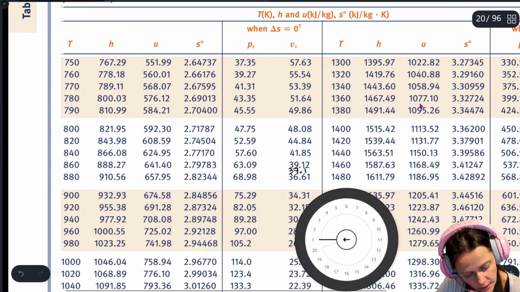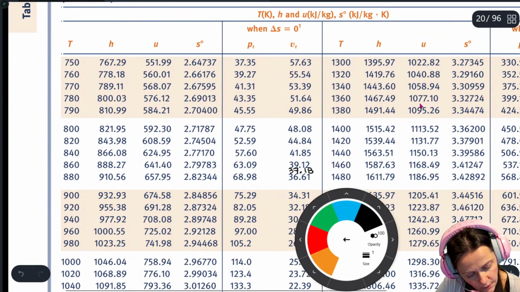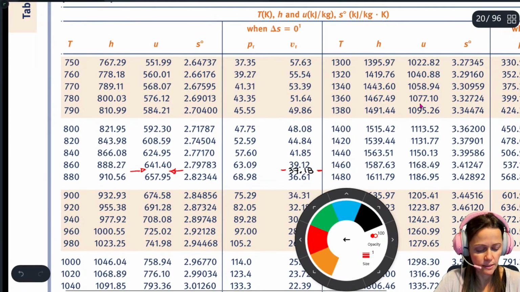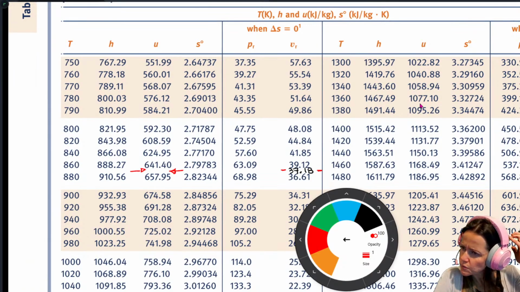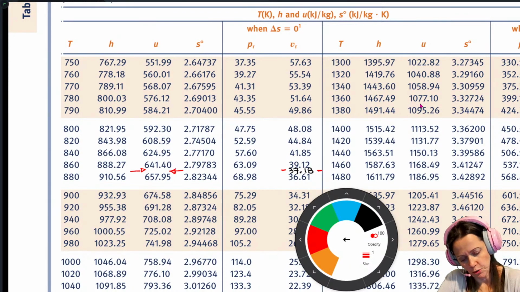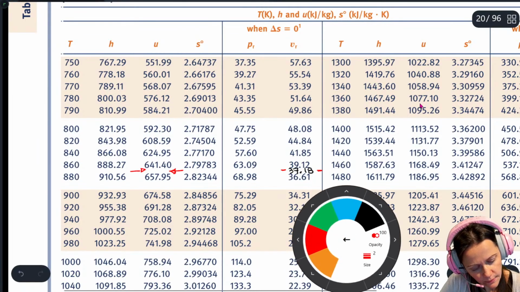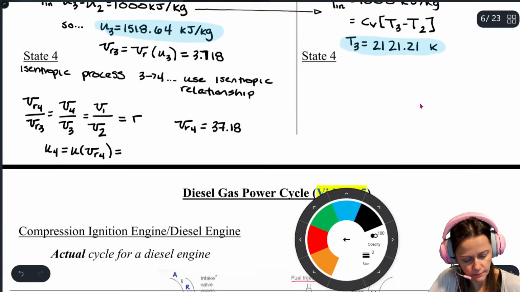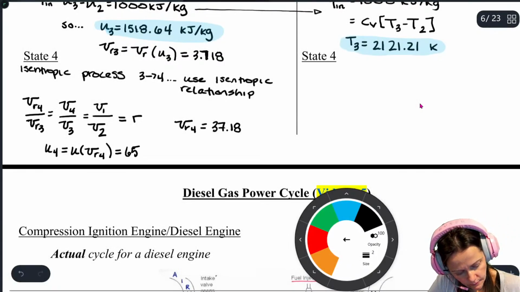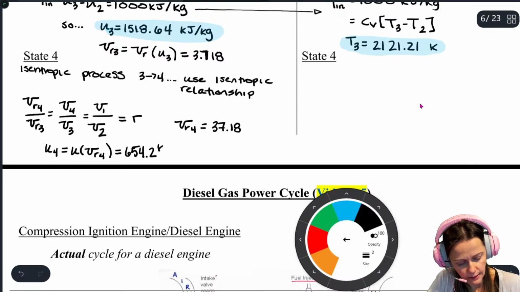Right there, so our corresponding U value is going to be between 641 and change and 657 and change. I got a U value of 654.2, perfect. And that's going to be kilojoules per kilogram.